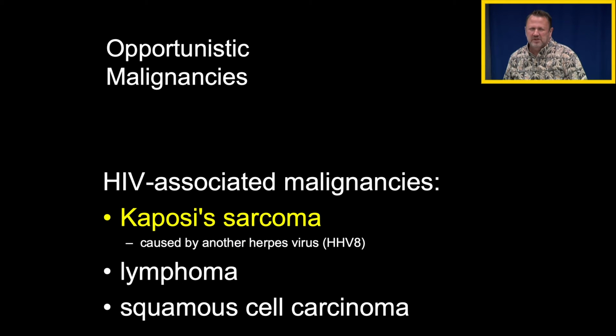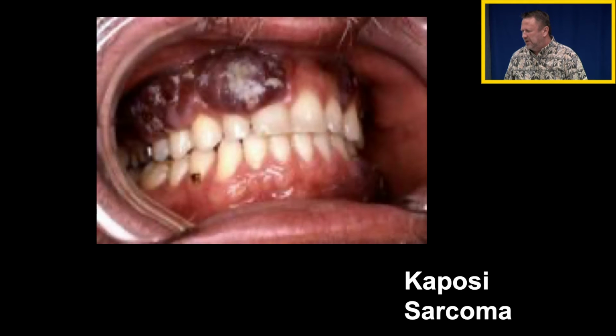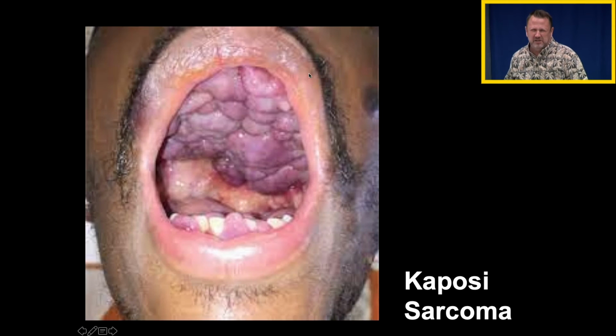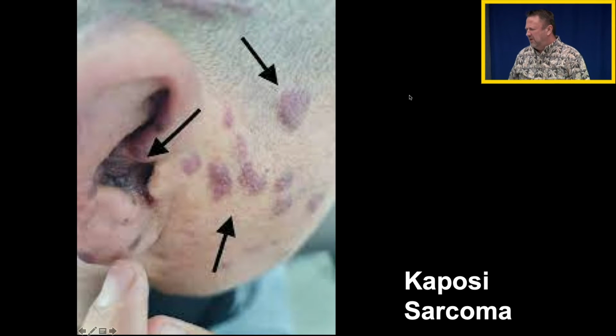We always thought of this as a cancer until we realized that it's a neoplasm caused by yet another herpes virus, type 8. It has this purplish appearance. If you're in the dental hygiene business, you want to be aware of these purple raised spots that people can have in their mouth. This is obviously very severe. Kaposi sarcoma coming from the roof of his mouth, and so we'll see Kaposi sarcoma in the mouth.